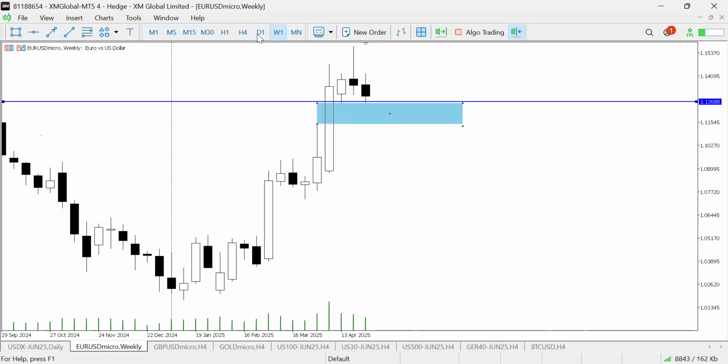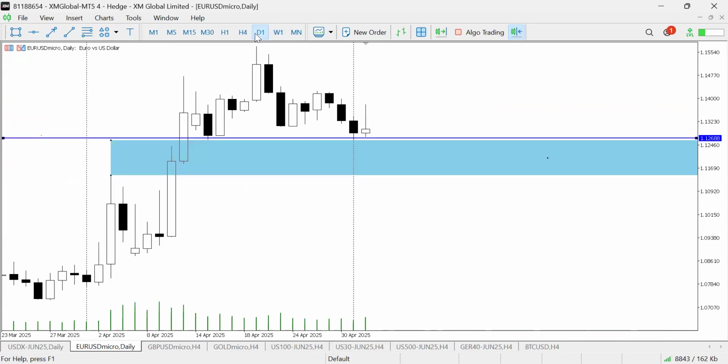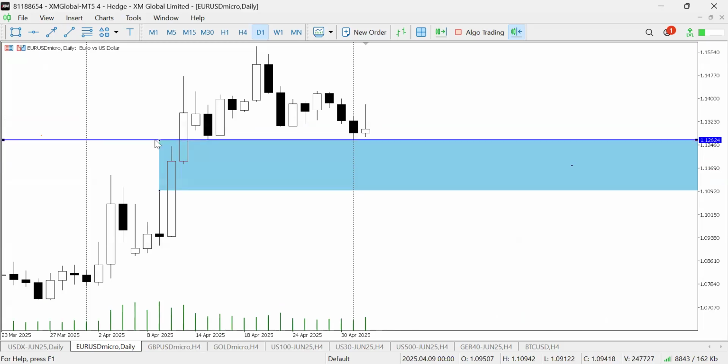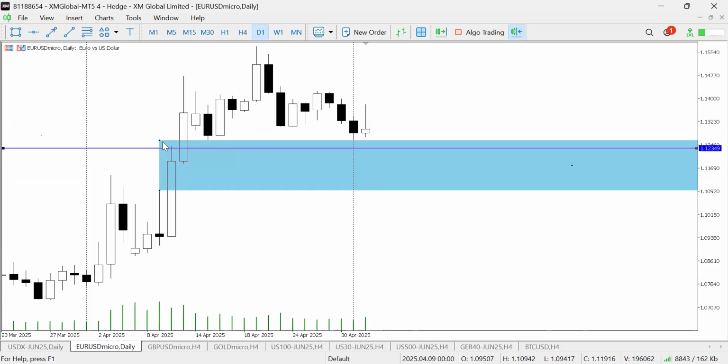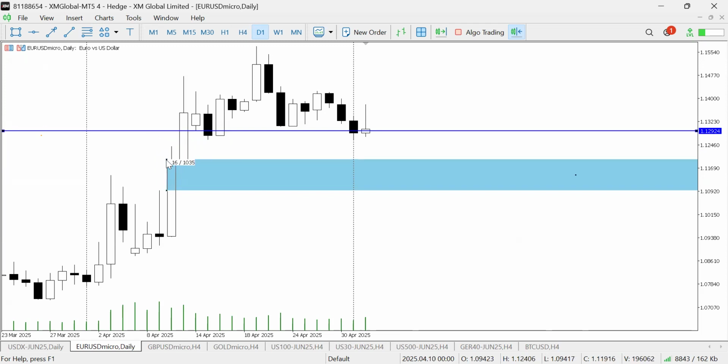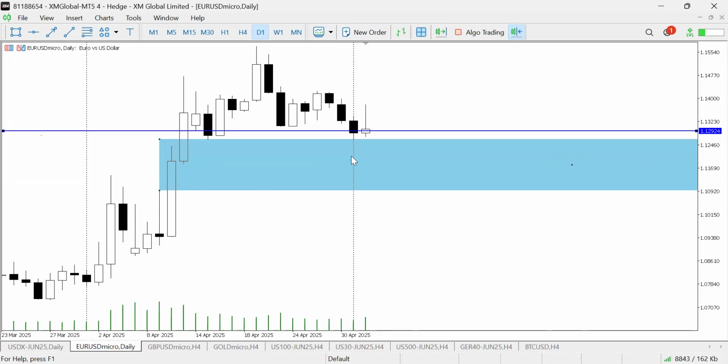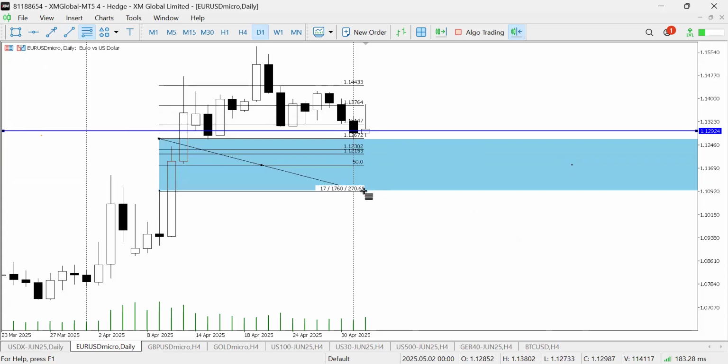What needs to happen with this fair value gap on the weekly time frame is price needs to respect it. We can tap into it as far as here, right? What ICT usually does is measure fair value gaps in quadrants.